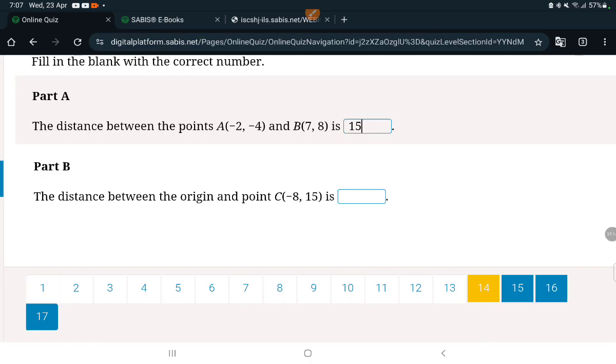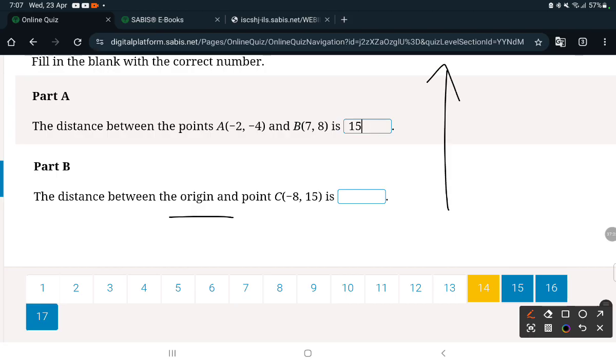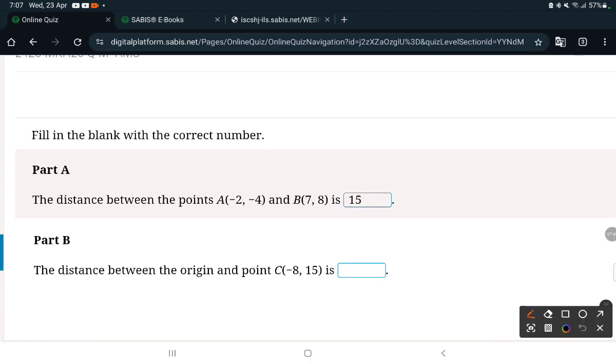Now the distance between the origin, keyword origin, and point C, which is negative 8, 15. The origin, as we learned last year, is always 0, 0. Since it's the first on the line, we're going to address it as x1 and y1.